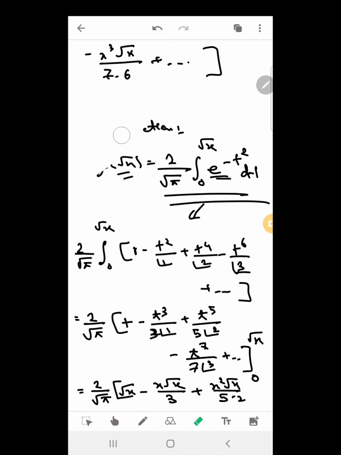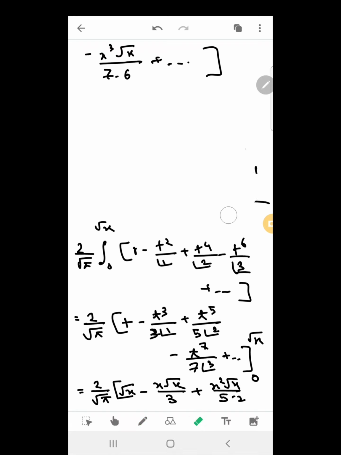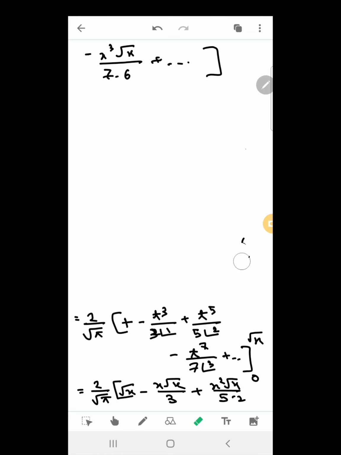Okay, let me do this particular portion. So from here, this is the case till now. We need to find the Laplace transform of this particular function. So how will we be able to do this?